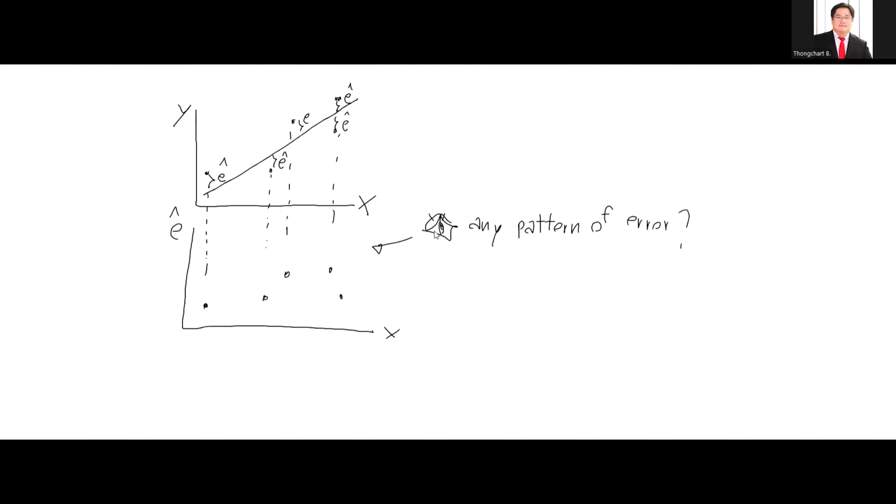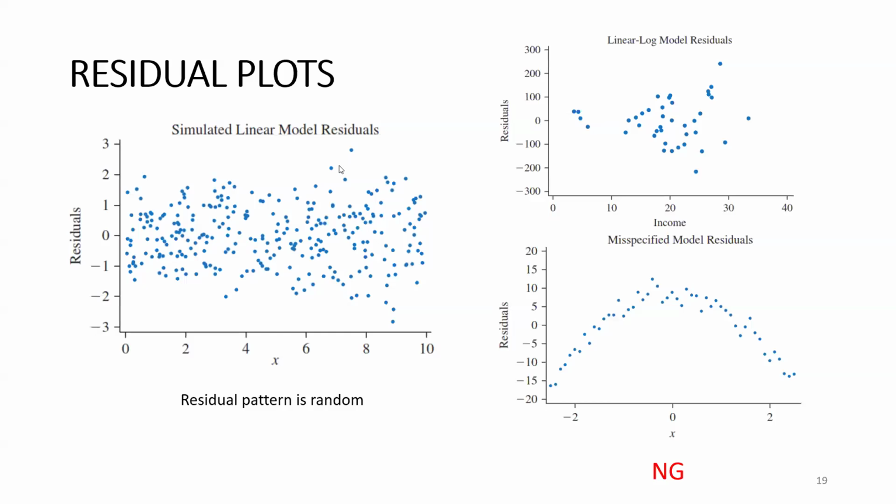So this is the source of the error plot. And then let's see a nicer figure, not my figure, mine is just an example. This is the residual plot, where residual means error hat.